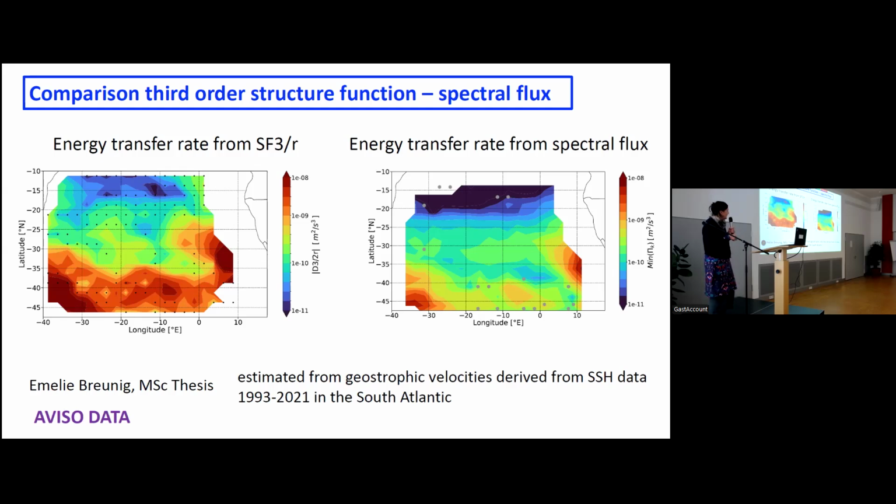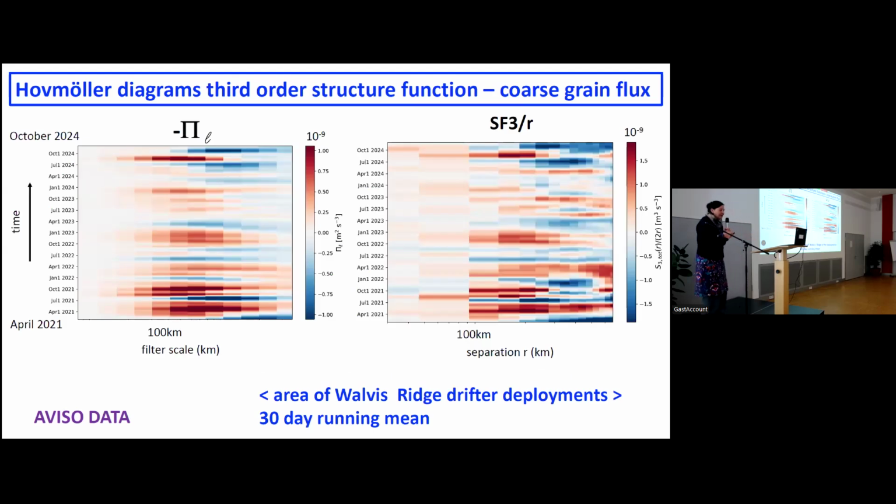And what you see is the pattern is quite similar. Here the points are bins where the sign of the third order structure function is positive, like you would expect for inverse cascade, but there are also some bins where the sign is negative.